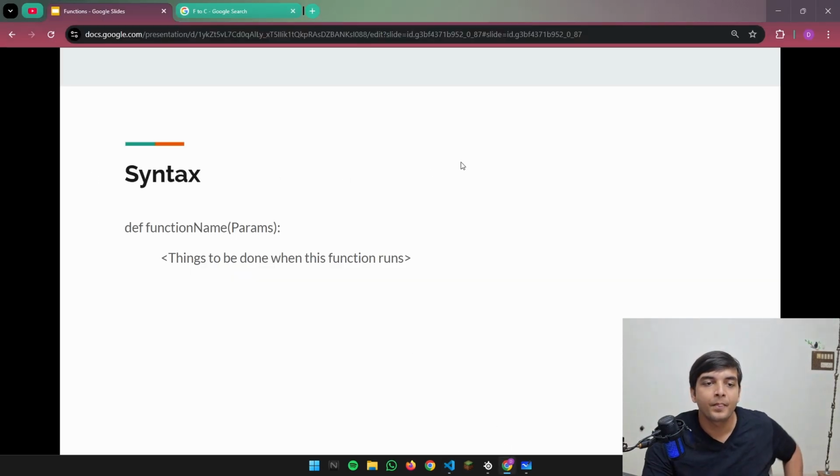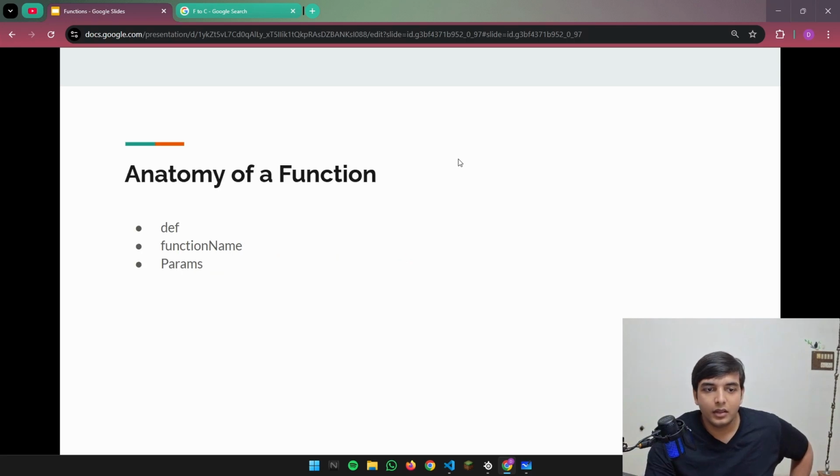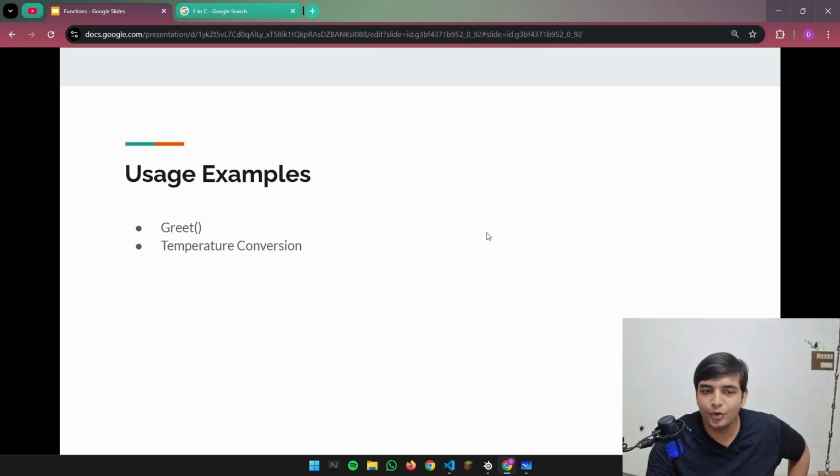Okay, so yeah, that's the syntax, and this is the anatomy which we just discussed: the def keyword, the function name, and the parameters. I explained that clearly. Now let's see some usage examples. Let's make these. I was looking for the formula here.